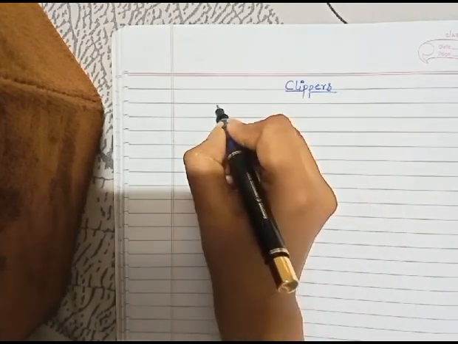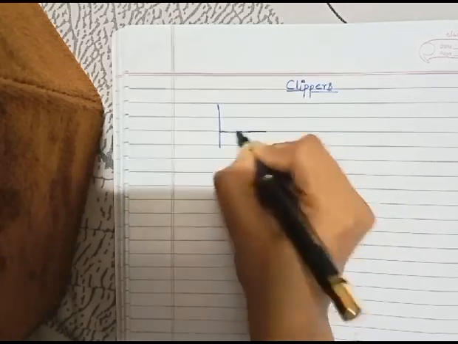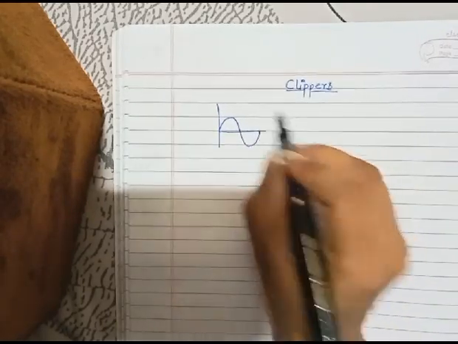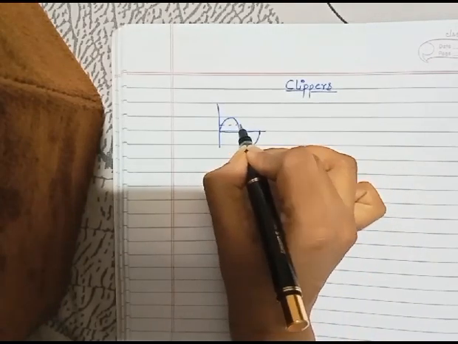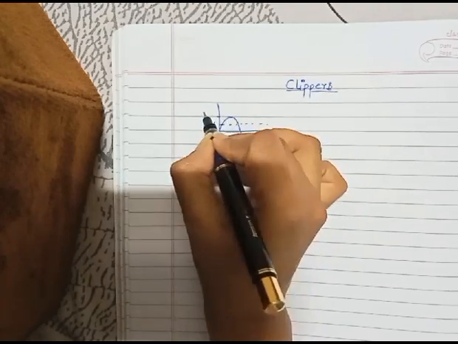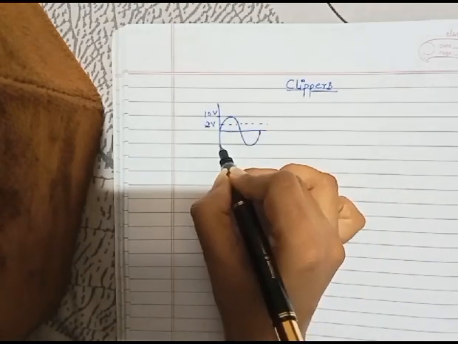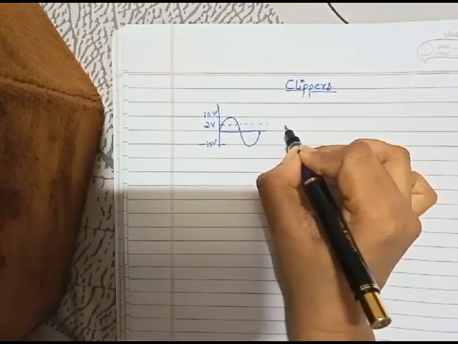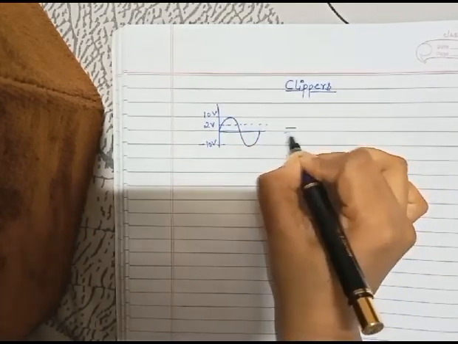For example, if there is a sinusoidal wave like this, and we want to clip it off at a certain voltage level like 2 volt, and this peak to peak voltage is from plus 10 volt to minus 10 volt.